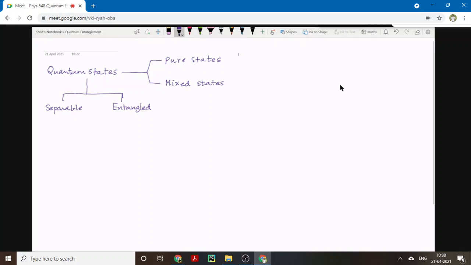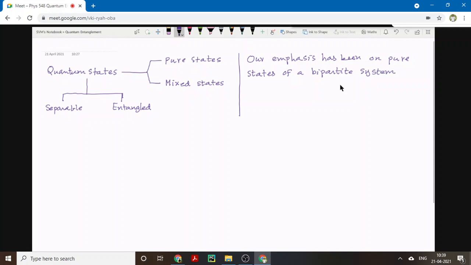Okay. We have discussed in the last two classes, our emphasis has been on pure states of a bipartite system.